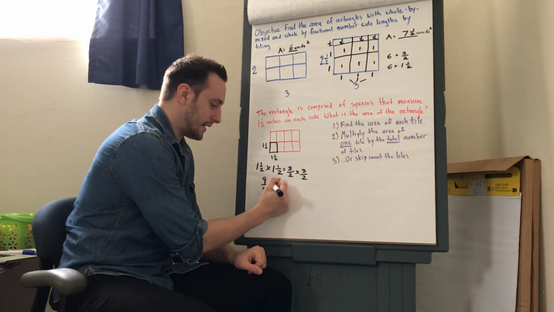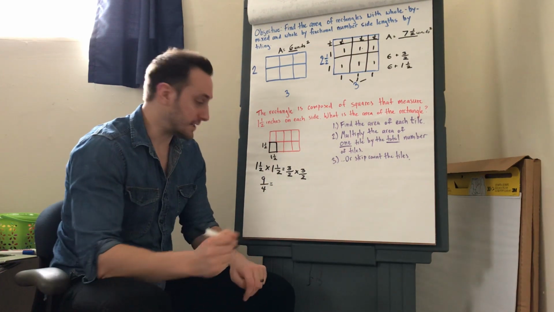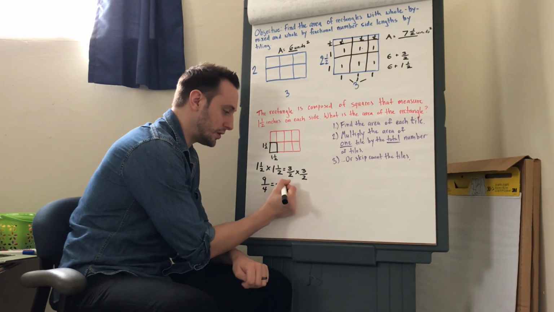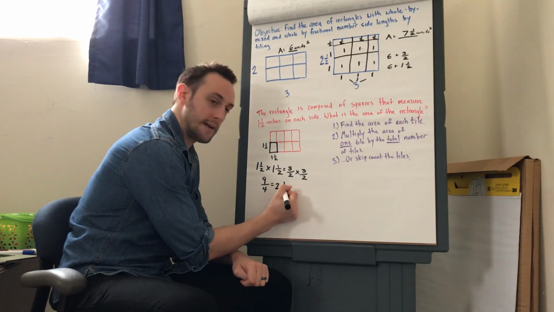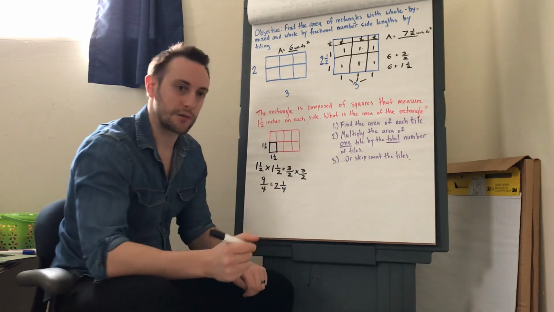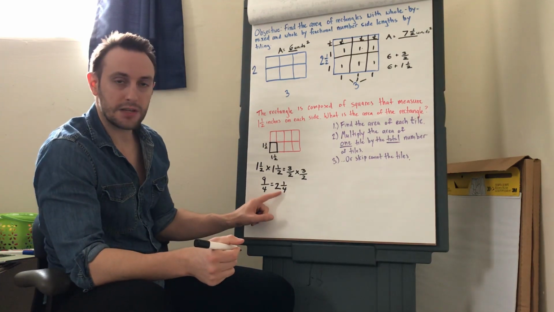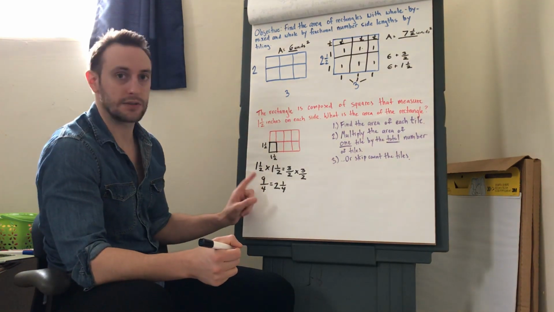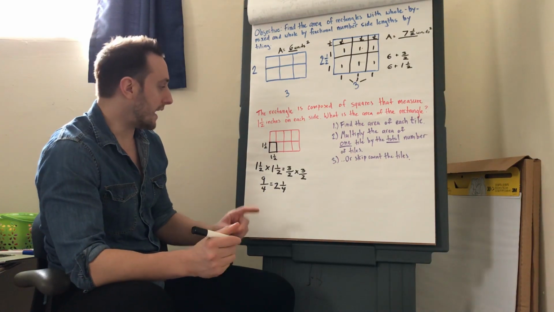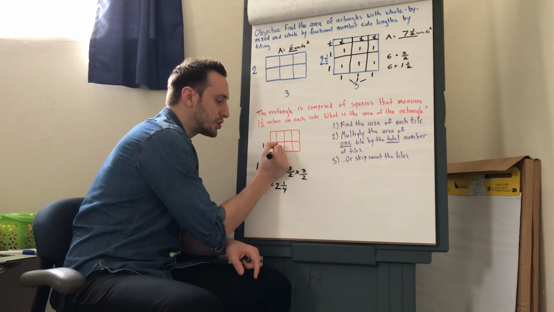So then what is 9/4? It is going to be 2 and 1/4 left over, because 4 times 2 is 8 plus 1 is 9. So 9/4. Okay, so we know that this is 2 and 1/4.